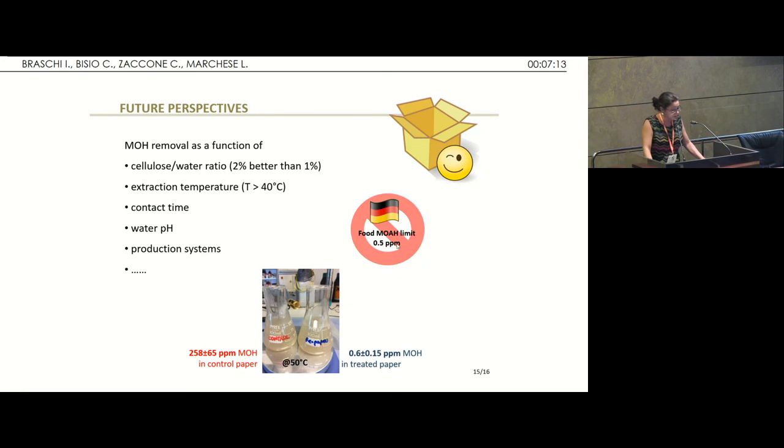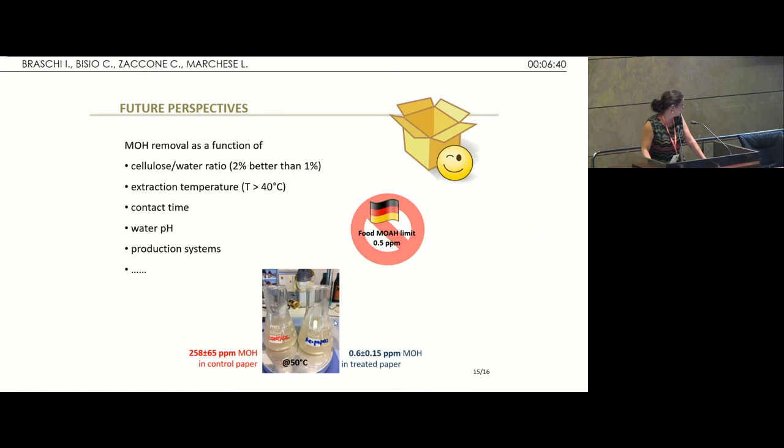So if we consider that the limit imposed or suggested by Germany for mineral oil aromatic hydrocarbons is 0.5 ppm, we are very close to this limit, even considering the aliphatic and the aromatic fractions together.